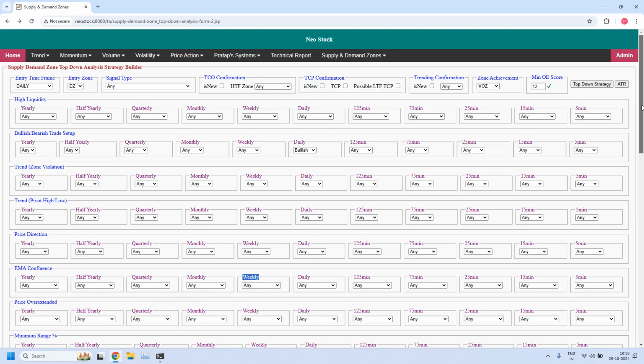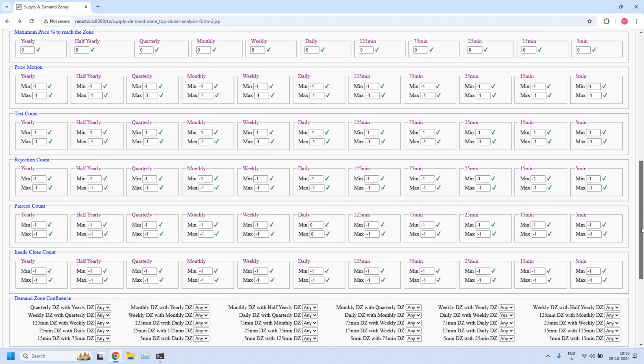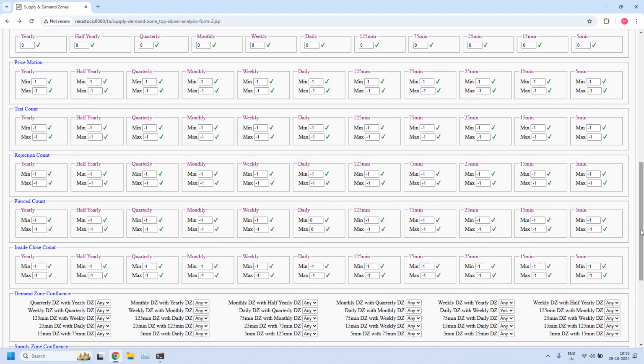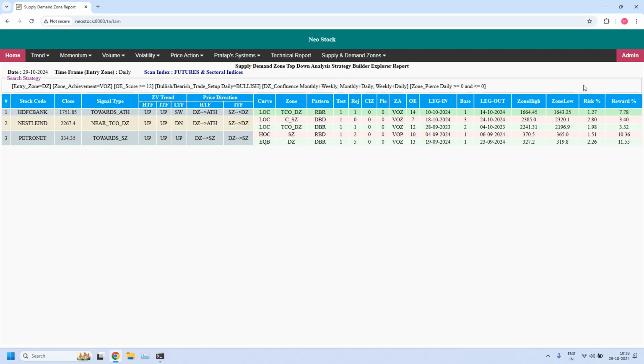LTF, ITF, HTF. So in the demand zone confluence, 3 filters we should set. Already 1 filter is enabled, that is daily with weekly demand zone confluence. Next, daily with monthly demand zone confluence, and also weekly with monthly demand zone confluence. With all the 3 filters, LTF, ITF, HTF confluence, we got 3 stocks.